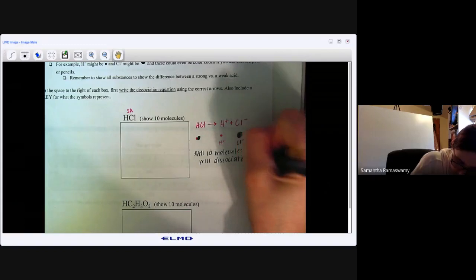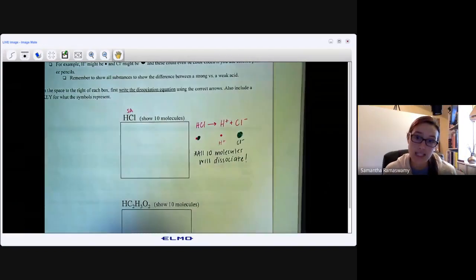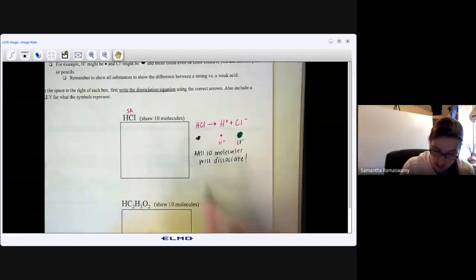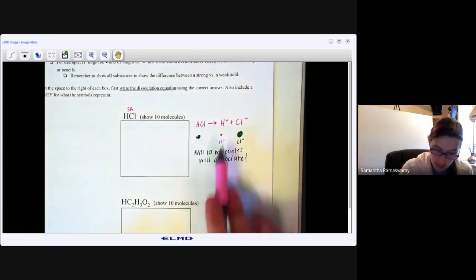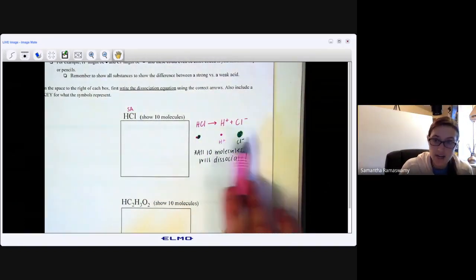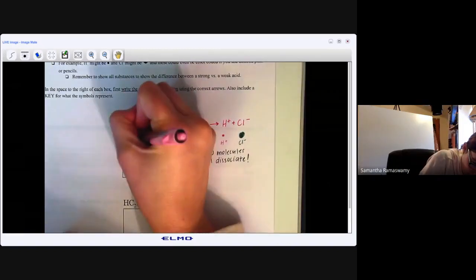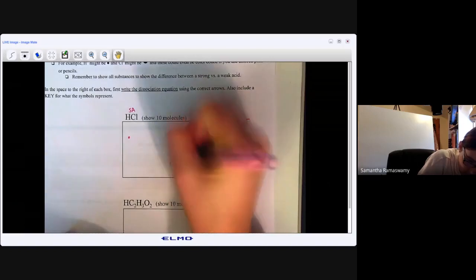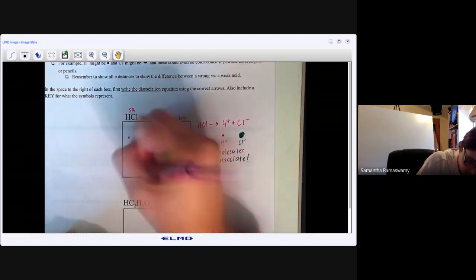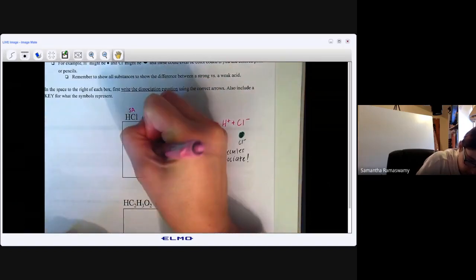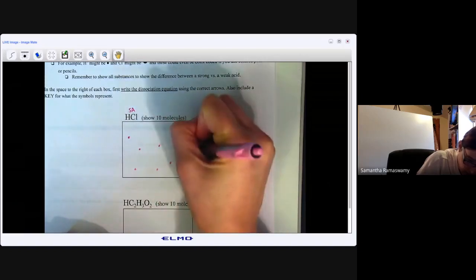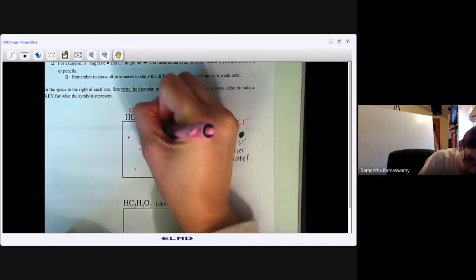Why? Because it's a strong acid. So that means if I have 10 HCl's, I'm going to have 10 H pluses, and I'm going to have 10 Cl minuses. So I have 1, 2, 3, 4, 5, 6, 7, 8, 9, 10.